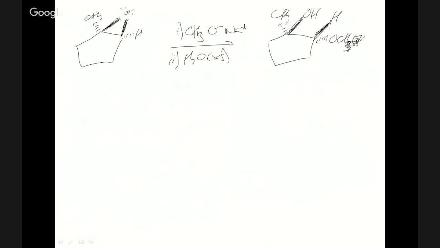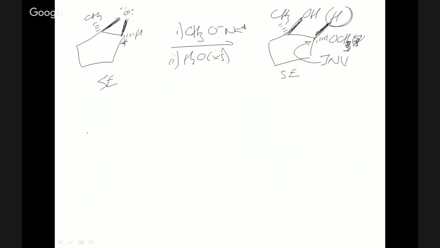So this center is inverted. Right there, that stereo center is inverted. Single enantiomer in, single enantiomer out. You can go through that mechanism. It's SN2. That O- is attacking this stereo center, popping it open, giving inversion. Came from the back side, so the H is now in the front over here, as opposed to the back.